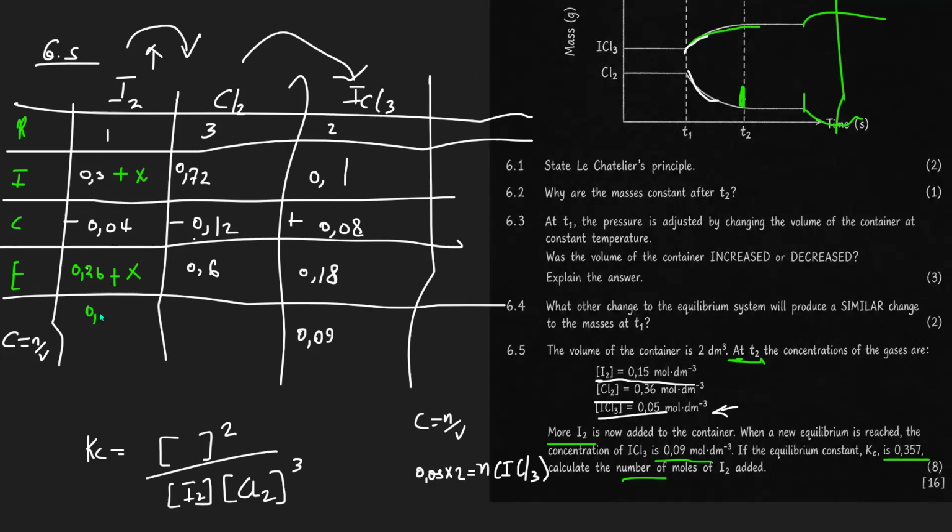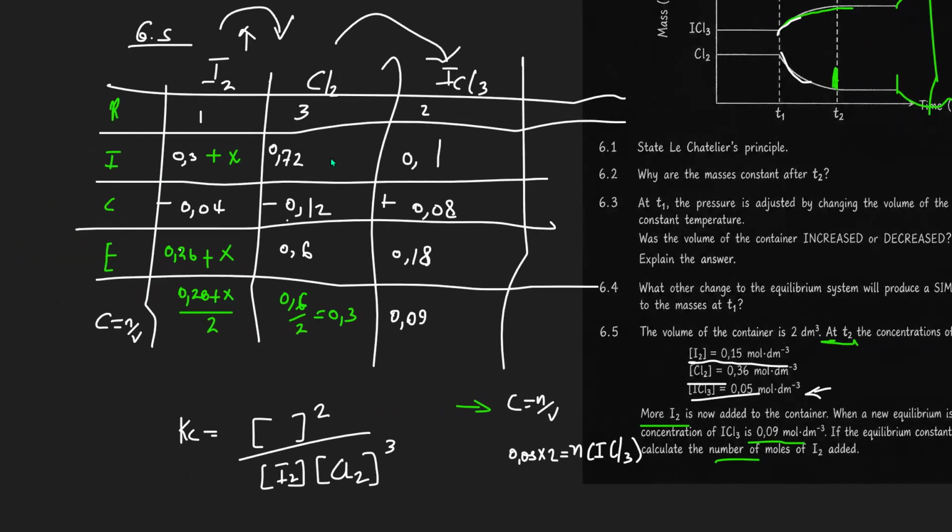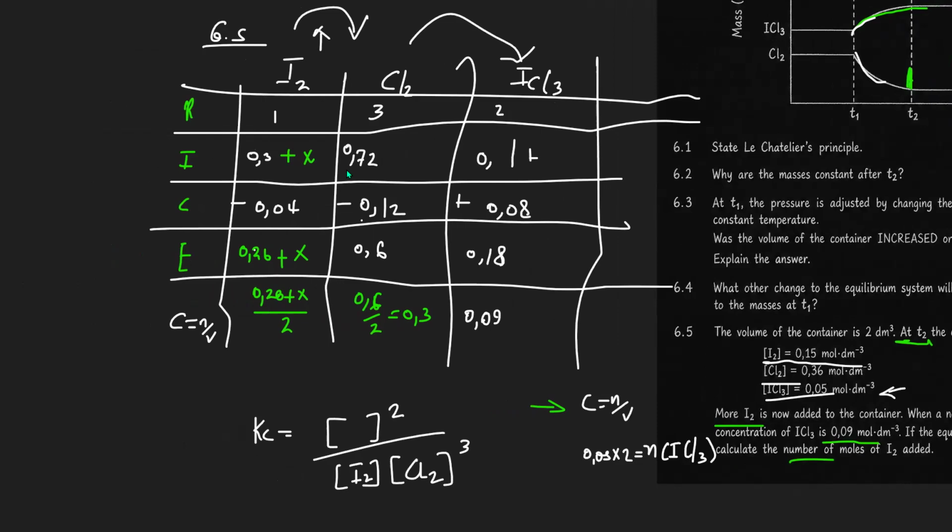I'll have 0.26 plus X divided by 2, which is the volume, since concentration is equal to N over V. This one is going to be 0.6 divided by 2, which is 0.3. Some of you are going to make a mistake of adding plus X everywhere here. You're going to mess this whole thing up. So you only add the amount that has been added, according to that table.